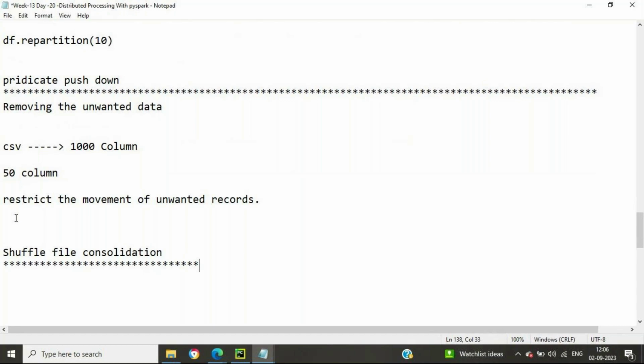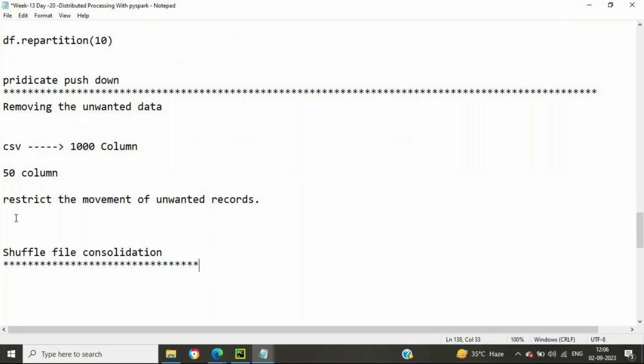Addressing and monitoring overhead will be very low at that moment. That's why this property will automatically consolidate those small files into bigger ones, combining them together. That is another benefit of AQE.